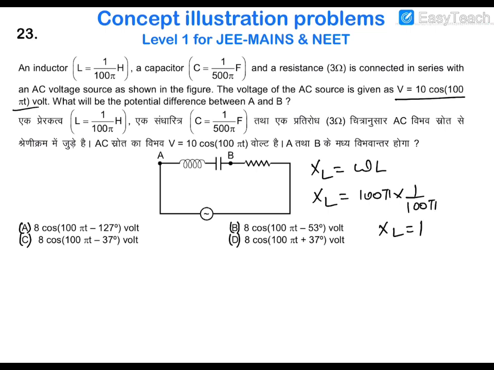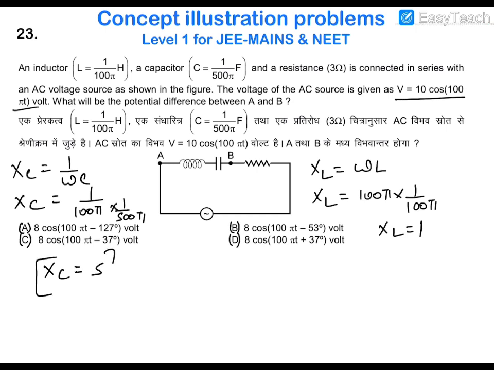So XL is 1, and XC is 1 upon omega C. Omega is again 100 pi, and C is 1 upon 500 pi. So XC is 5. Okay, this is the value of XC.